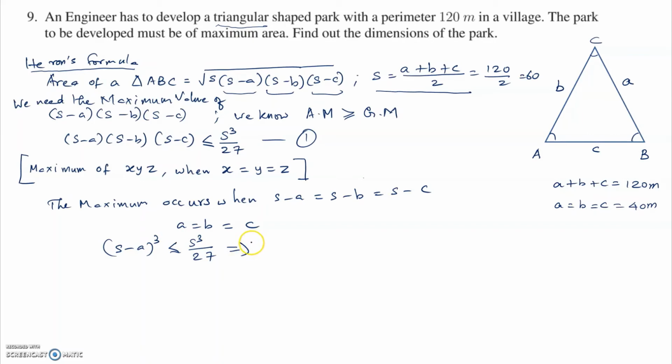So this implies that S minus A is less than or equal to S by, sorry, S by 3, because 3 cube is 27. So you need to take the cube root of both sides.